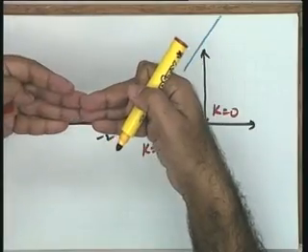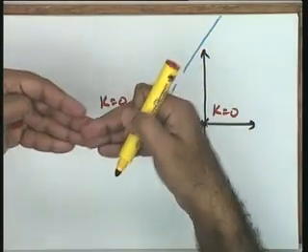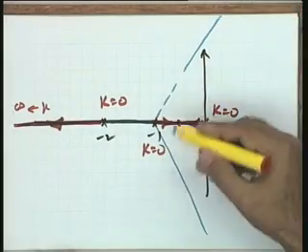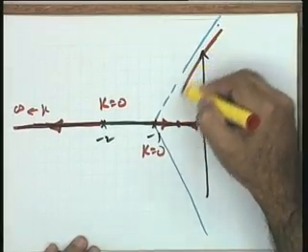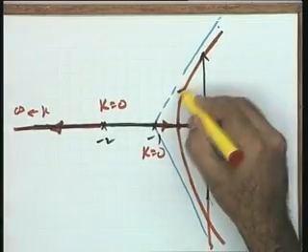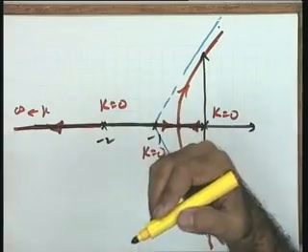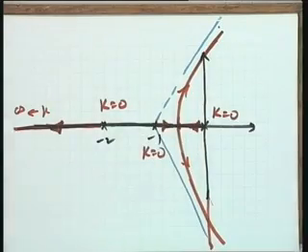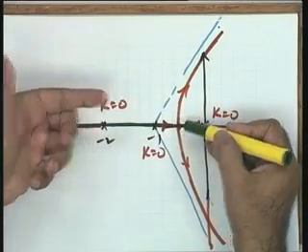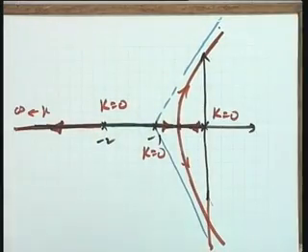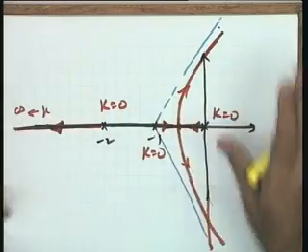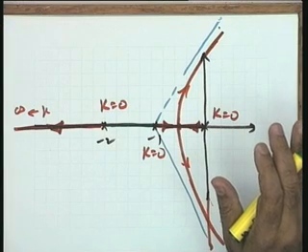But a point comes when the 2 roots get repeated, and after that point, if K is increased further, the 2 roots are expected to become complex conjugate, and therefore with using intuition I can say maybe this is my root locus diagram, because after all I know that they have to meet at a point to give me the repeated roots, and they have to go along these asymptotes also.